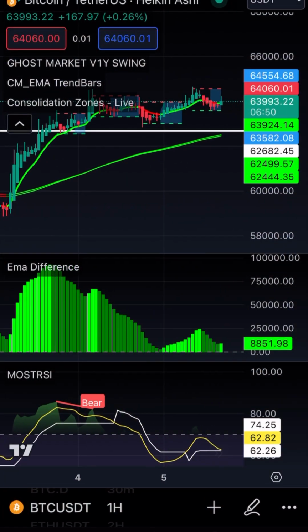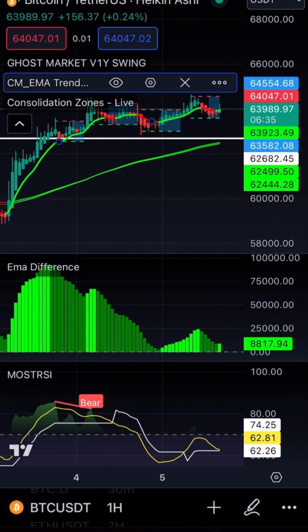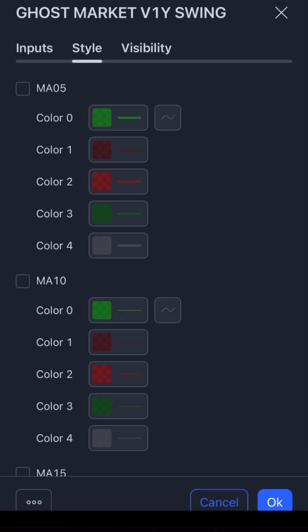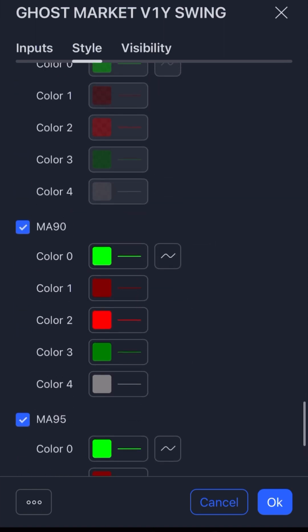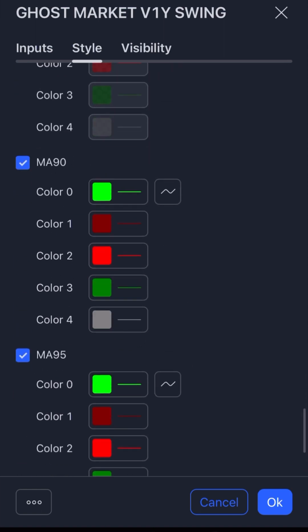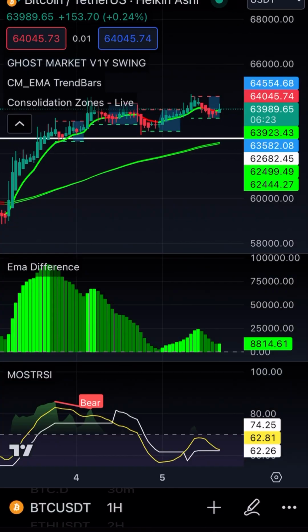Okay, so to set up this specific strategy, you basically need the 9, 90, 95. That's this first part up here at the top. I've talked about that in other videos. So you basically would have to set up your 9, 90 and 95. I use Ghost Market Pro. That's because I've already paid for the indicator and it's all in one indicator.